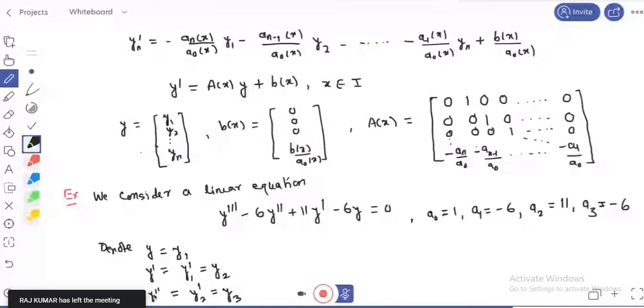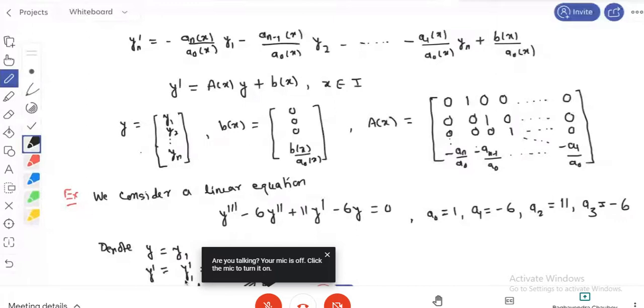If we differentiate again, this becomes y triple prime, which equals y3 prime. So y3 prime is this expression, y2 is y1 prime, and y1 is y.